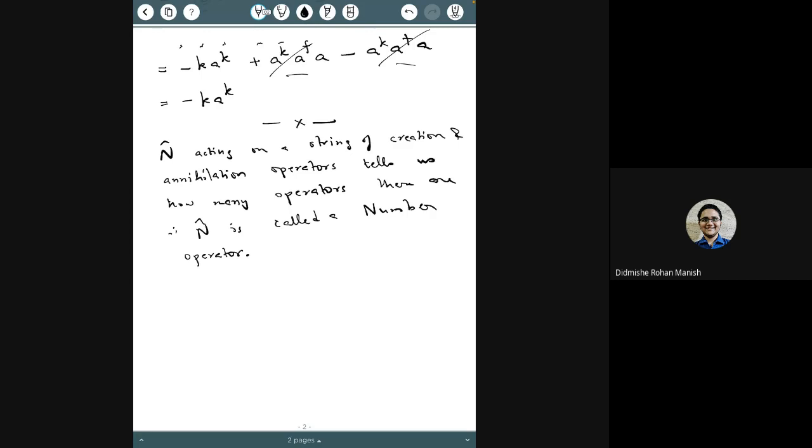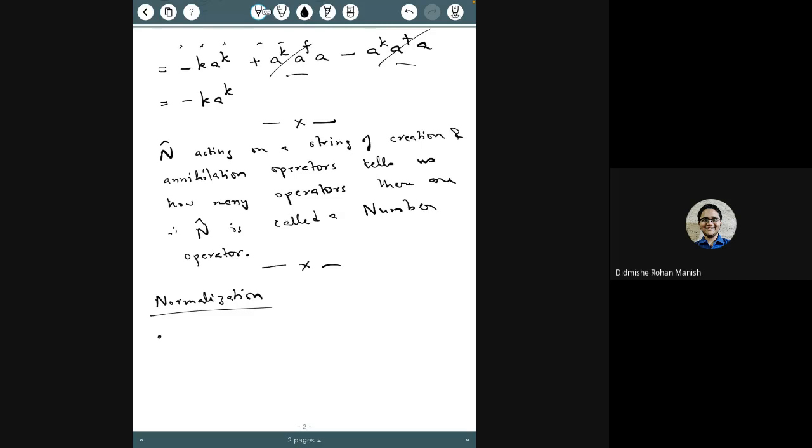So the next thing that I want to talk about is the normalization of the excited states when we are generating them with operators. I probably did not show you how the normalization came about last time.